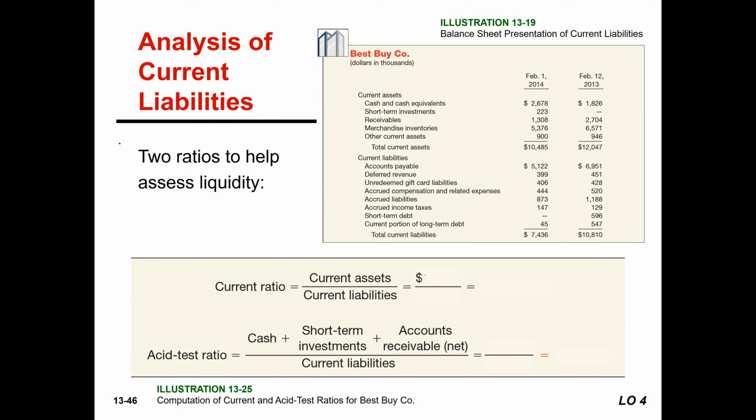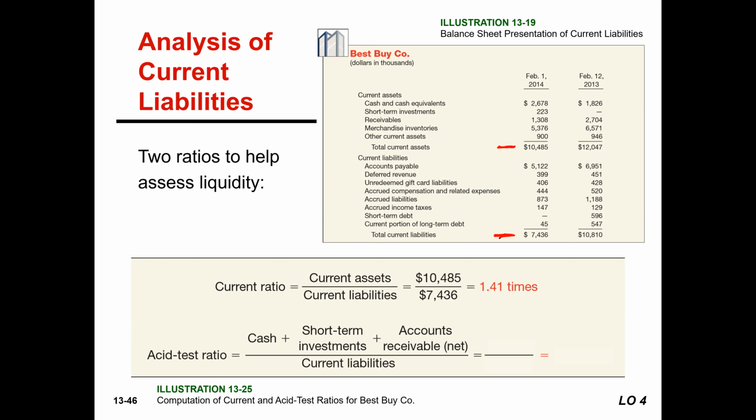They're using the 2014 numbers in here. So you see this is our total current assets, our total current liabilities. So 1.41 times means that for every $1 of current liabilities, we have $1.41 of current assets. That's how we read that.